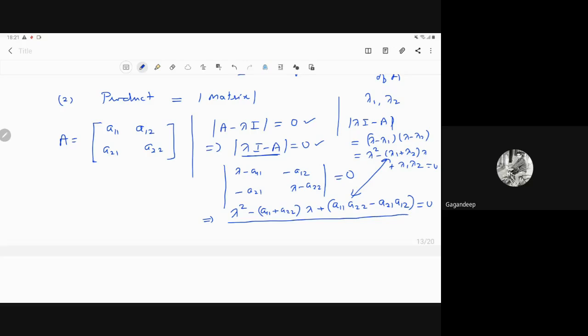What is lambda 1 plus lambda 2? a11 plus a22. Is it trace of A or not? Yes. Trace of A means the sum of these diagonal elements. And what is the product lambda 1 lambda 2 from here?